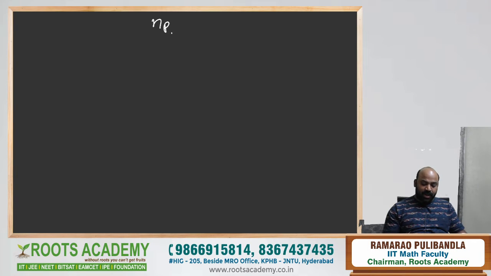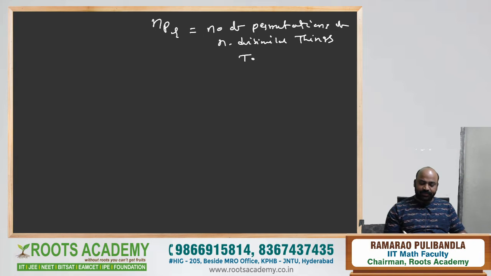So nPr is nothing but what? The number of permutations of n dissimilar things taking r at a time. That's it.